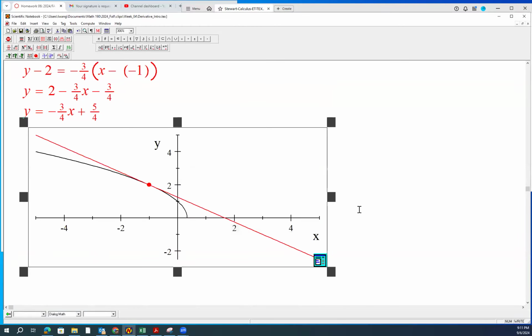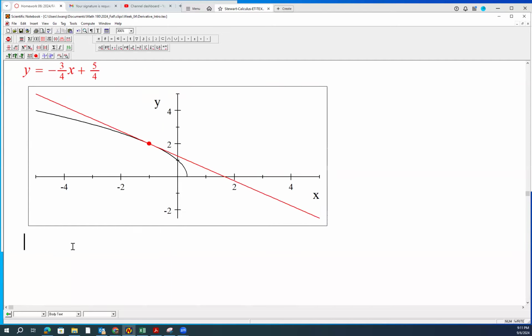It should be, right, that's the tangent line. Okay, so that's the general procedure to find the slope of the tangent line, and then find the tangent line equation itself.